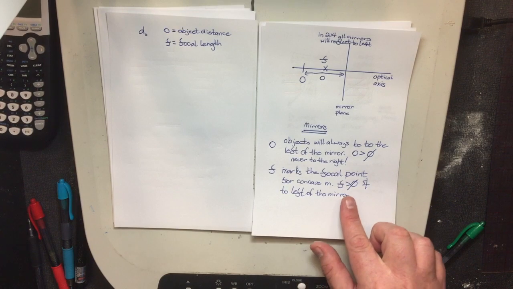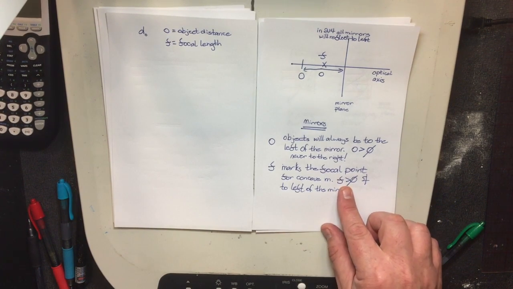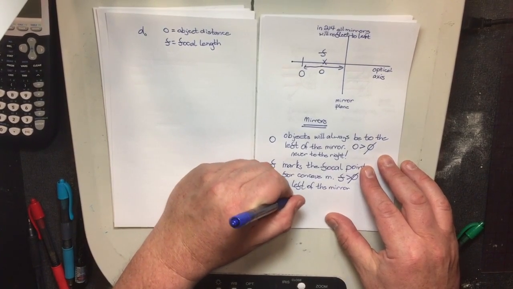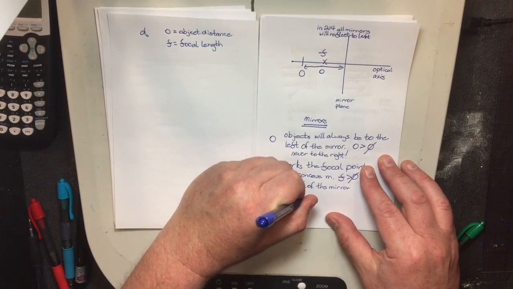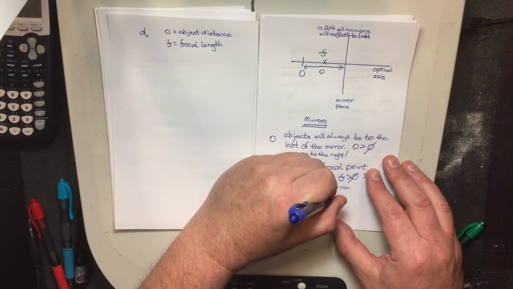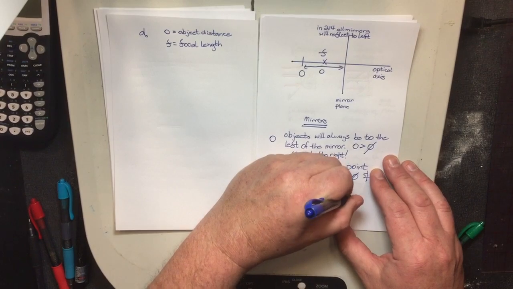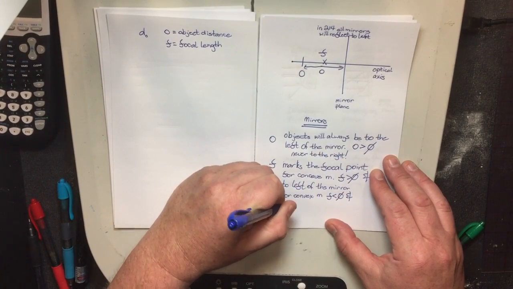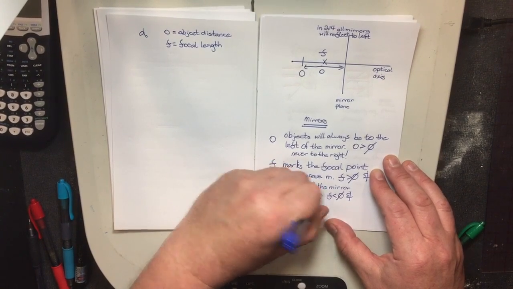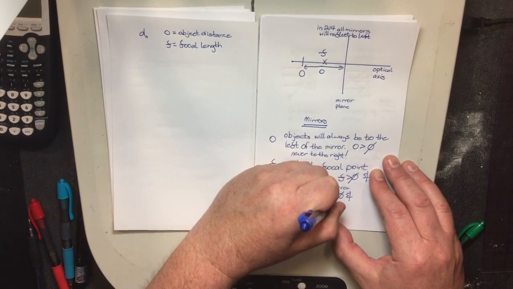For a concave mirror, the focal length is positive and to the left of the mirror. For convex mirrors, the focal length is less than 0 and to the right of the mirror.